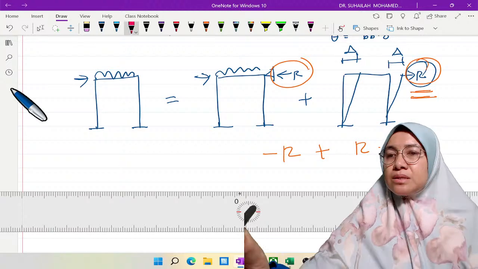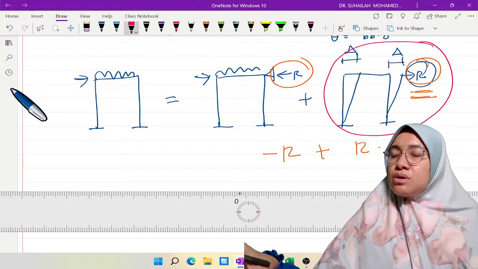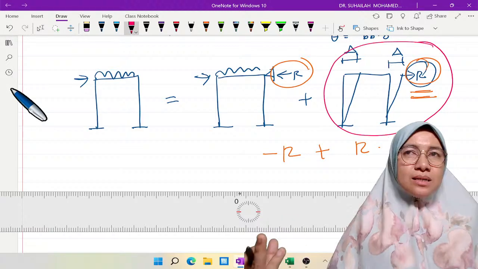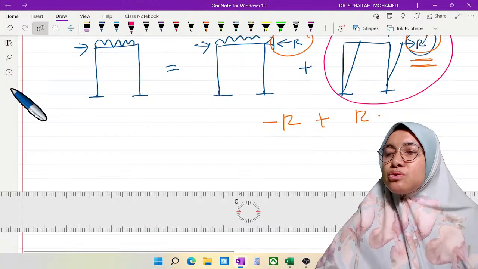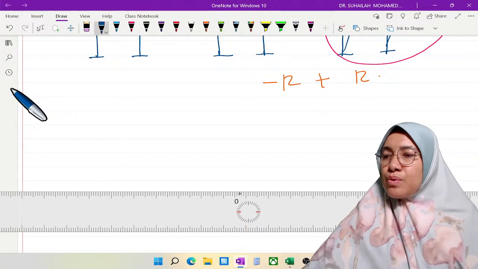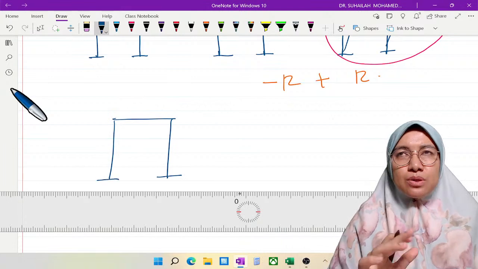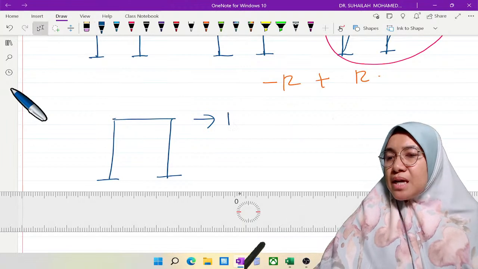We don't analyze this frame directly, as I have mentioned a few times previously. What we can analyze is another frame which is proportional to this. The proportional frame that we analyze under step number 2, table number 2, is the same type of frame subjected to R prime.